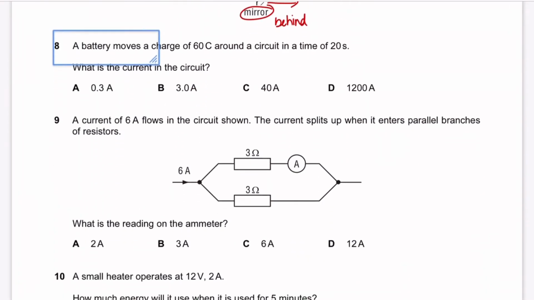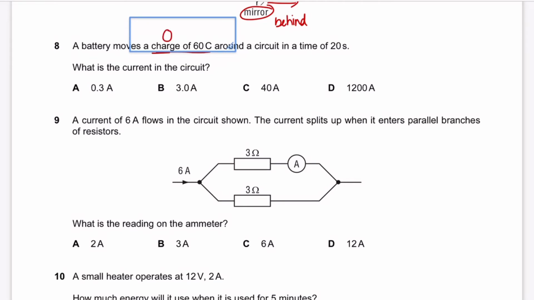Question 8. A battery moves a charge of 60 coulomb around a circuit in a time of 20 seconds. What is the current in the circuit? Alright, so there are 2 key points here, maybe 3 key points here. First is the charge.